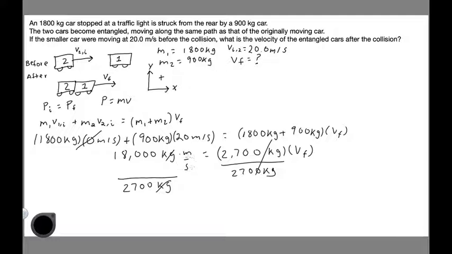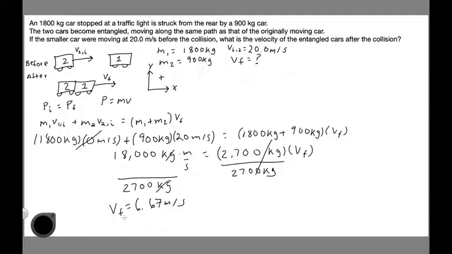And that will leave us with our velocity, meters per second. And so if we do the math, we should get 6.67 meters per second. And so this is the magnitude of our final velocity.